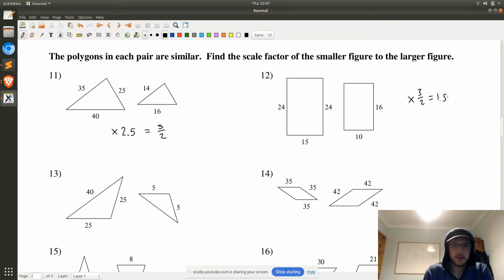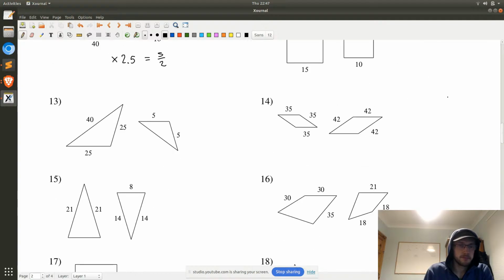Or 1.5. Multiply by 5. Multiply by 6 over 5.